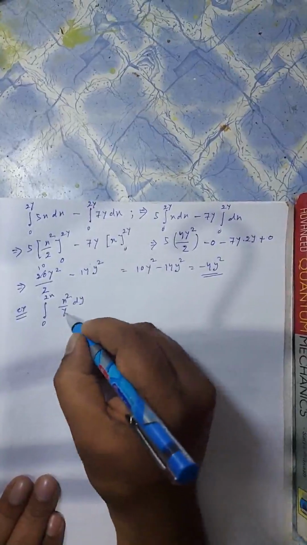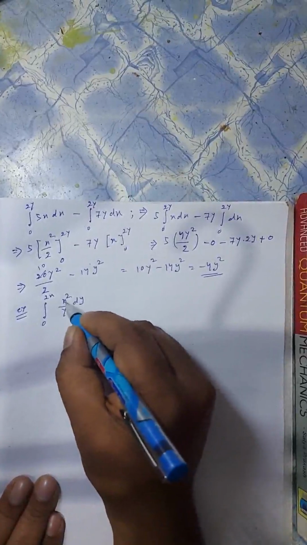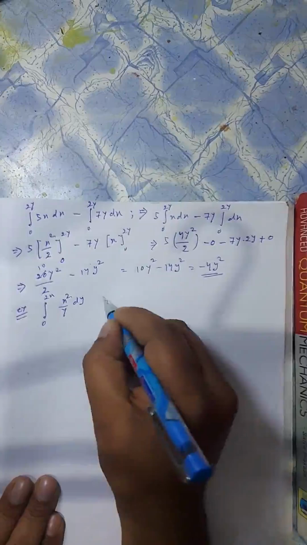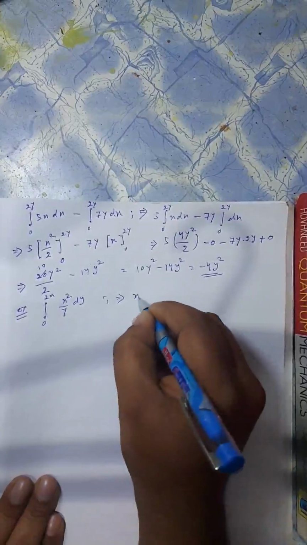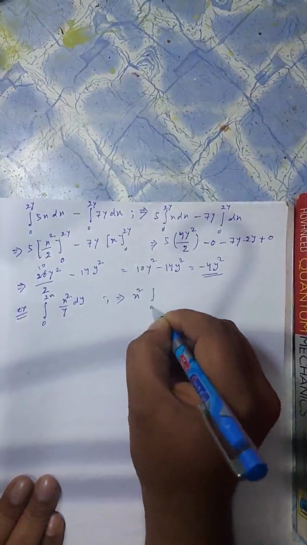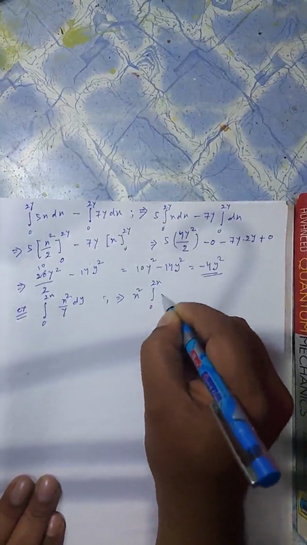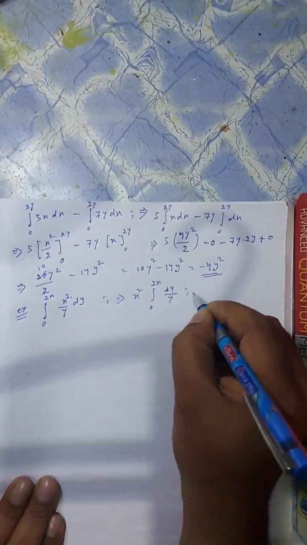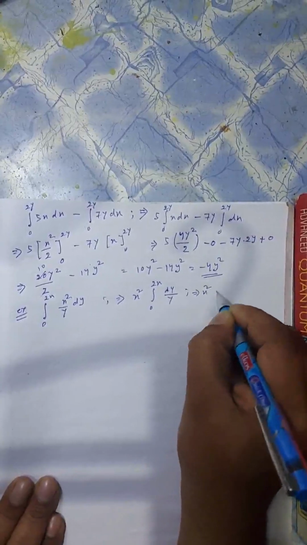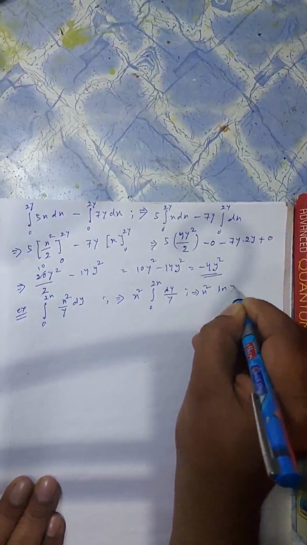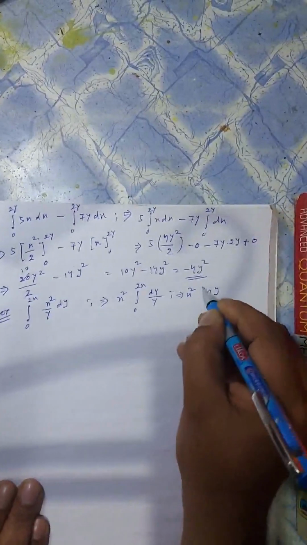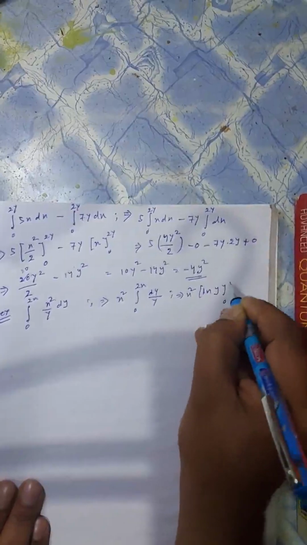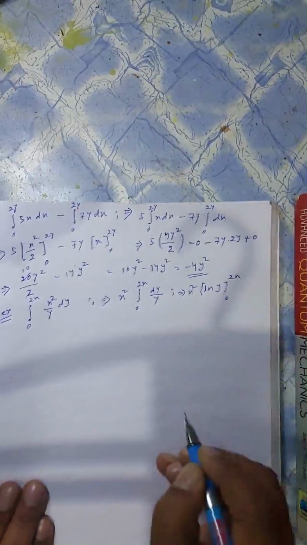We integrate with respect to y, so x is kept constant, so it will come outside. x square integration 0 to 2x dy by y. It will come x square ln y, that means 0 to 2x.